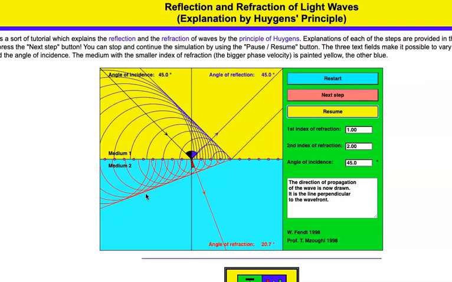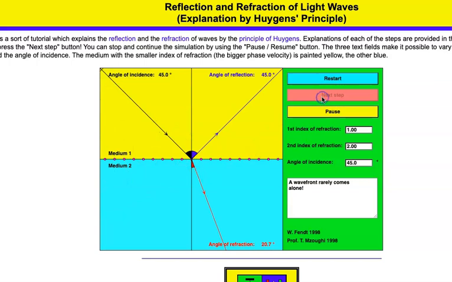Now I did say technically it would be happening over and over and over again. So this is a simplified version where we're only looking at the sources of the wavelets on the boundary. And then it goes even further if we want to watch this.